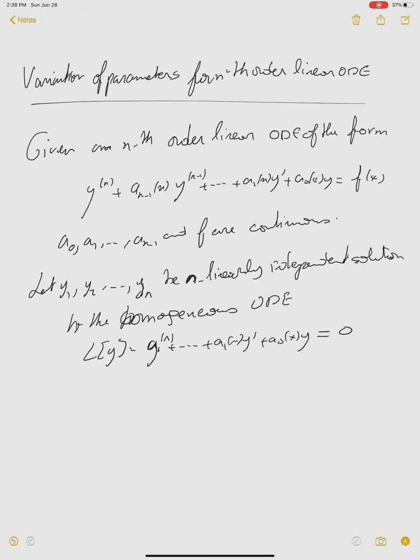So I found n solutions to the ODE L(y) equals 0. Remember, I want to solve L(y) equal f(x).